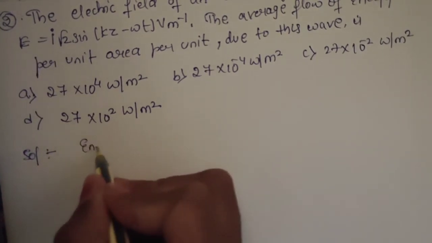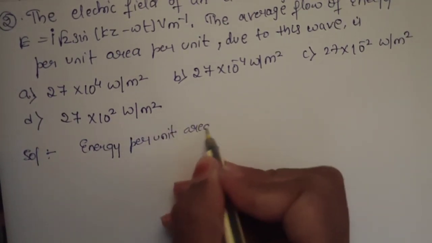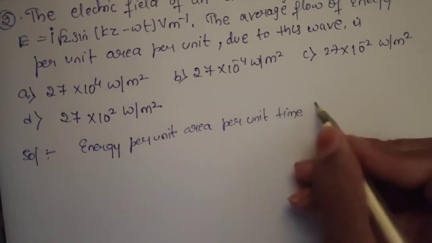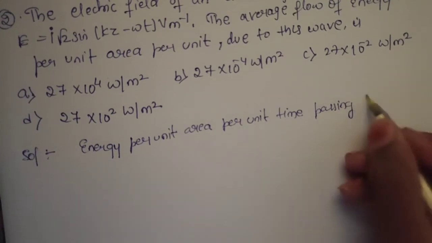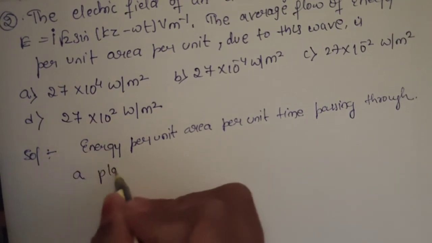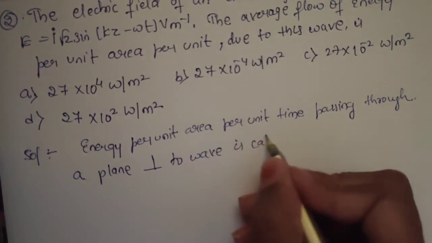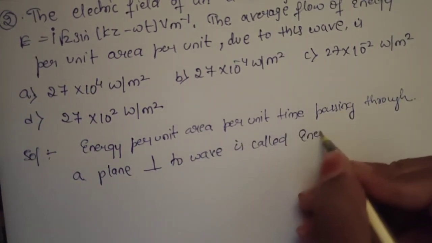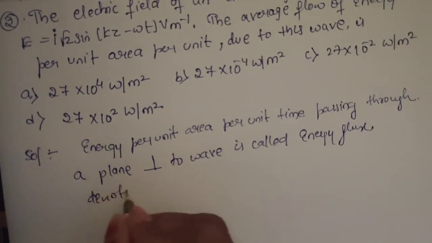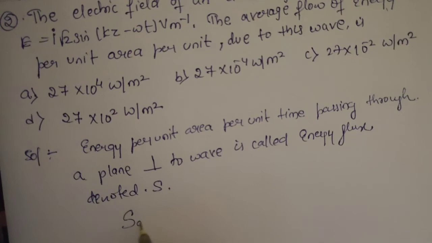We know that the energy per unit area and per unit time passing through a plane perpendicular to the wave is called the energy flux, and it is denoted by S. Since they are asking for the average energy flow, I have to determine S average.